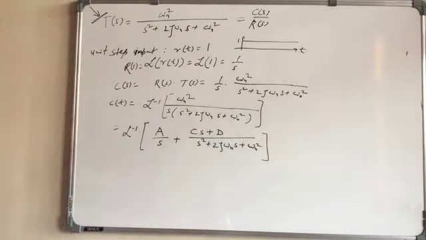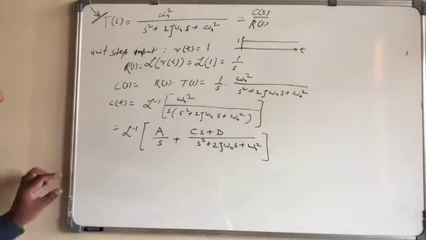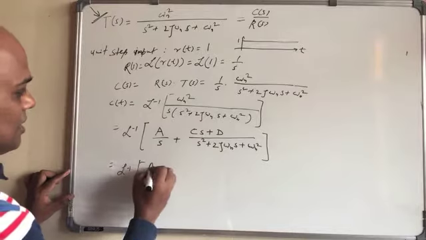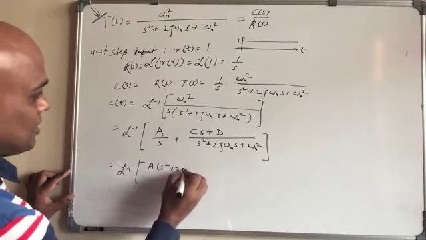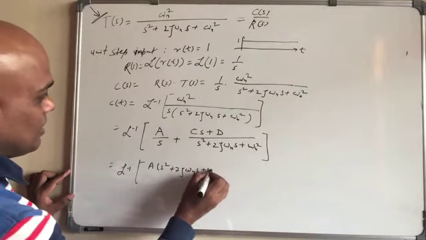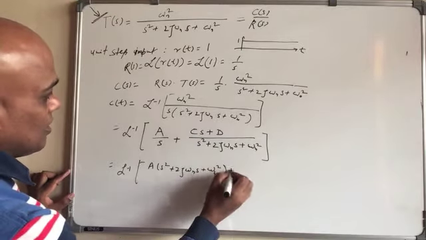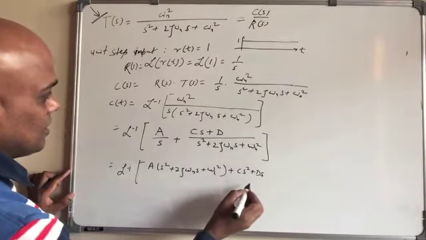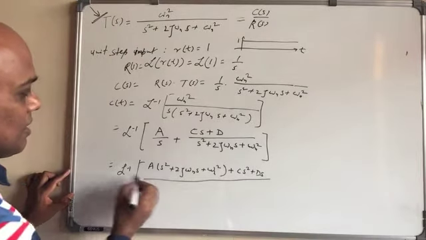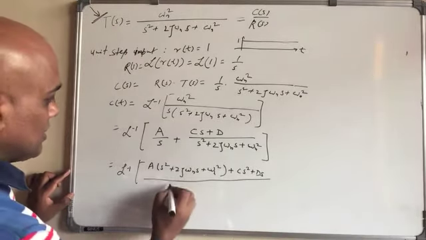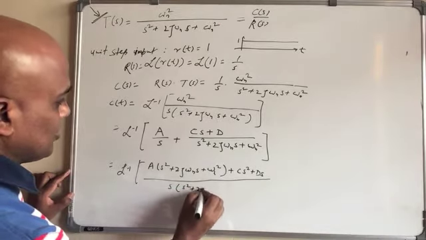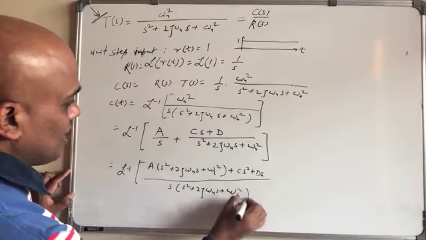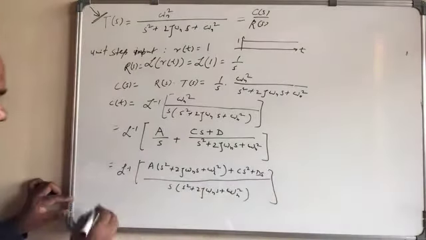So we write like this. Then we have A times s square plus 2 zeta omega n s plus omega n square plus C s square plus D s, divided by the same denominator.